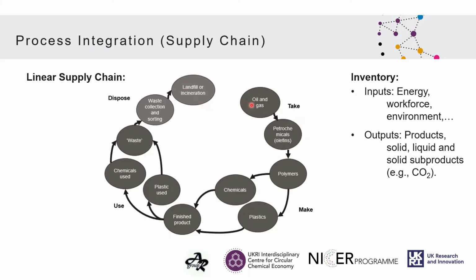So if we consider the inventory to define and analyze this well-known process, we need all the inputs, including the energy to extract the raw materials, to transform the raw materials, to transport the raw materials, to disseminate the raw materials to the users, and then obviously environmental factors, in the case we are using landfill or incineration, and all the environmental factors in between.